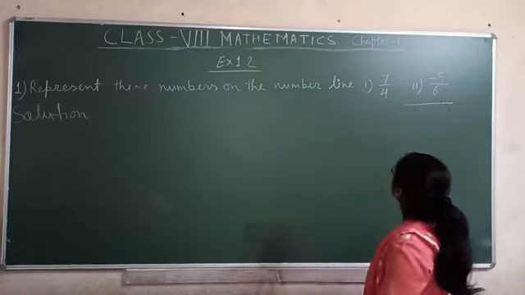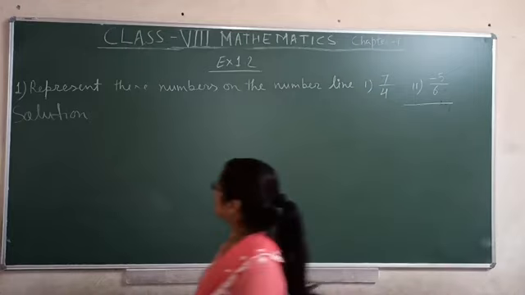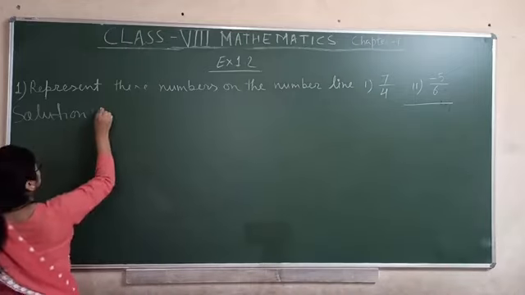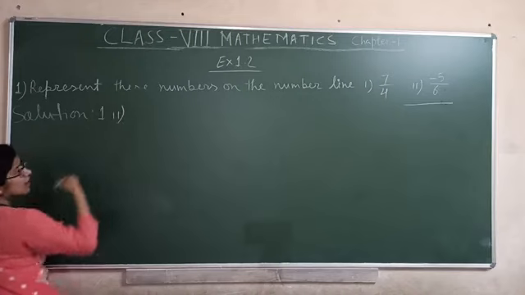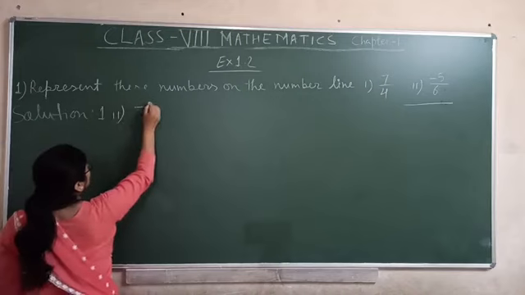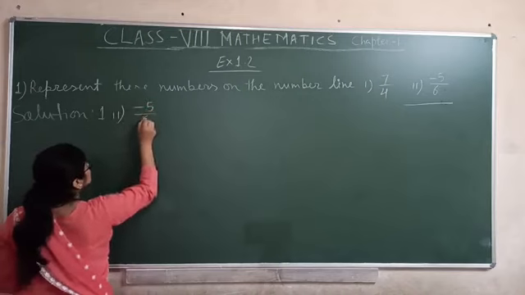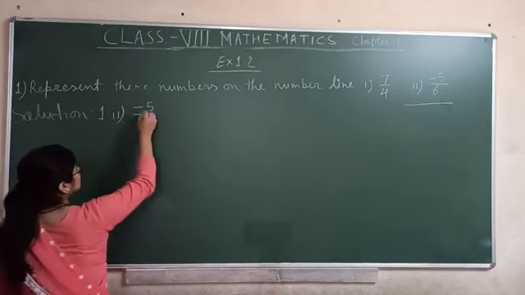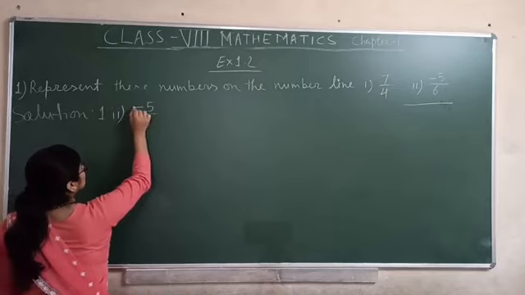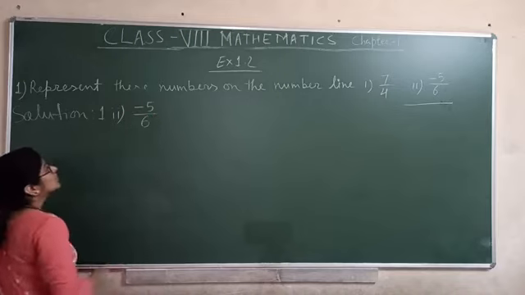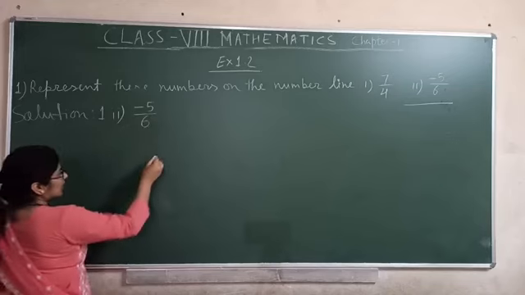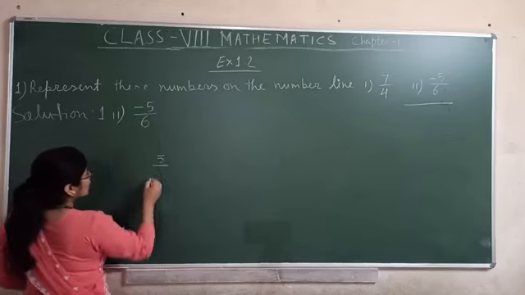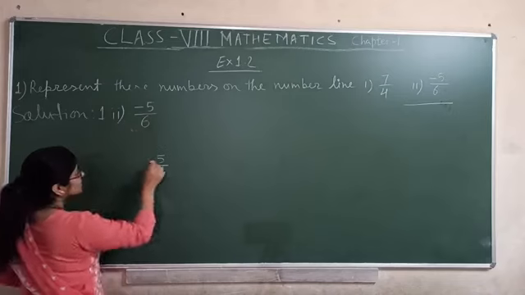Minus 5/6. Second part of the question is minus 5/6. This one is also a rational number, but that one is negative, because of your minus sign. Now look only at the number, ignore that sign.